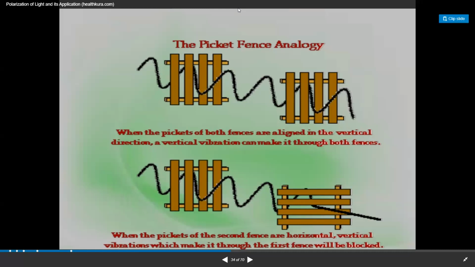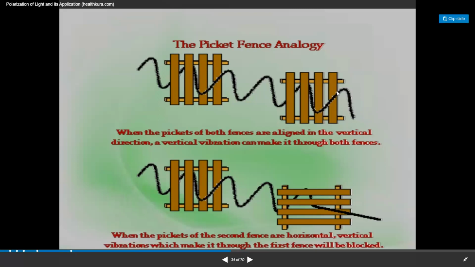So we cannot observe light after the analyzer. When the polarizer and analyzer are aligned in the same direction, only then do we observe light after the analyzer. If the polarizer and analyzer are perpendicular, we cannot observe light after the analyzer.